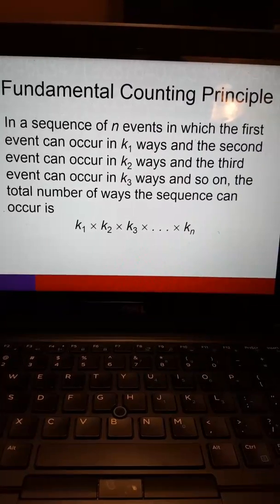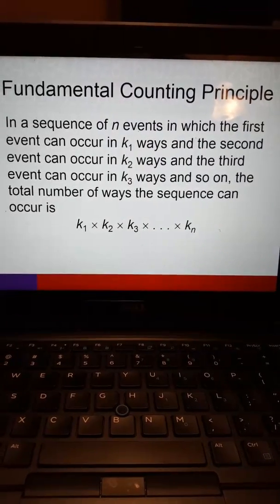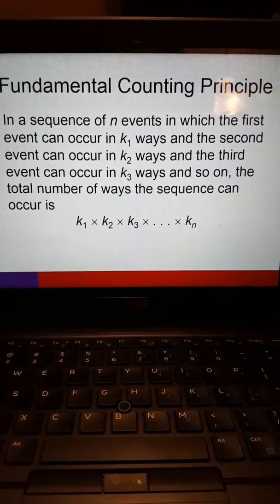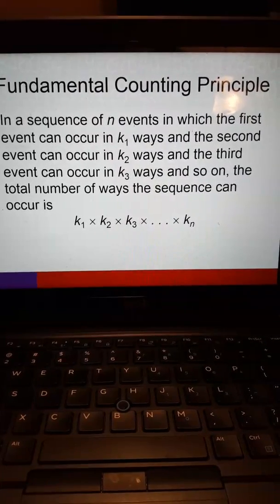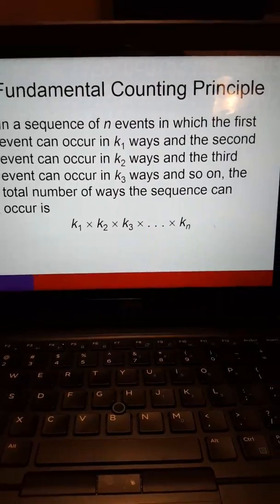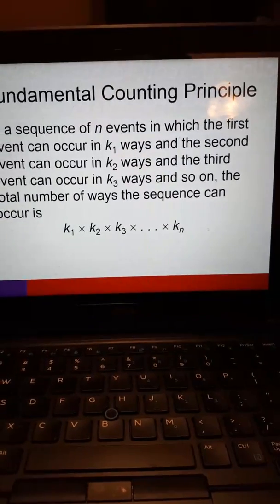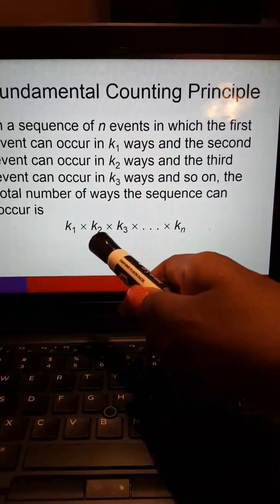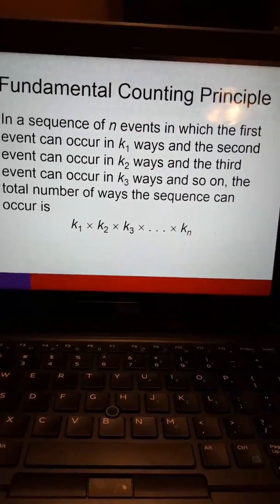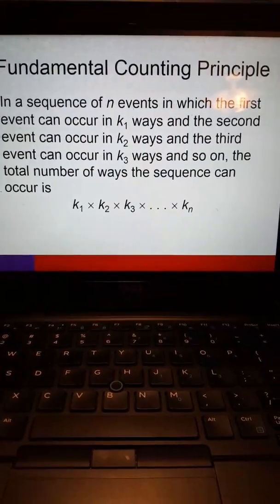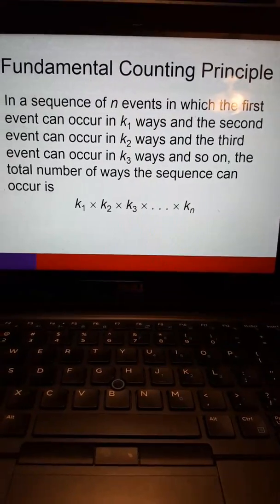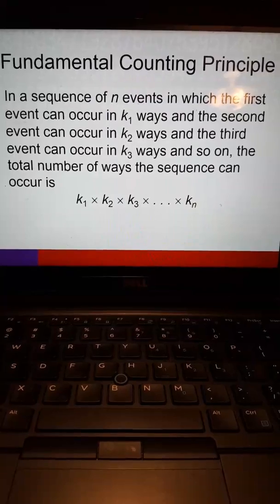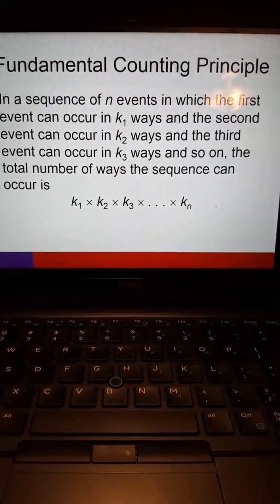That's why at the end you see Kn, because n is any natural number. That means n can be 100, 1,000, 1 million. Between every step you notice there's a multiplication sign, so when working with these categories, you multiply when using the fundamental counting principle.